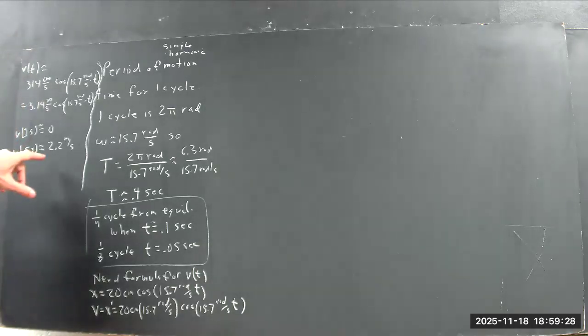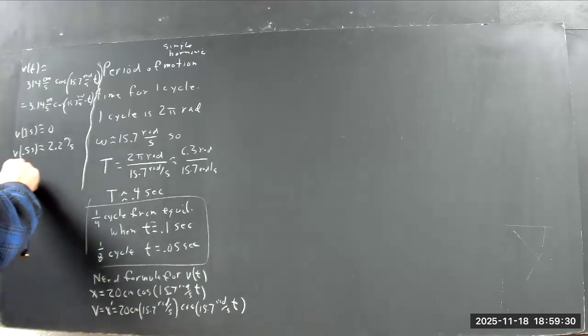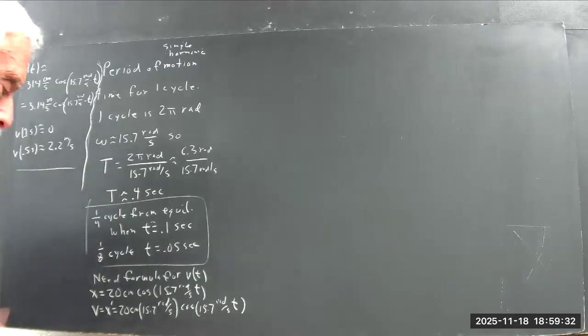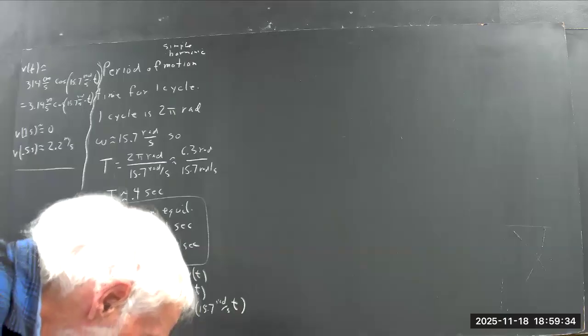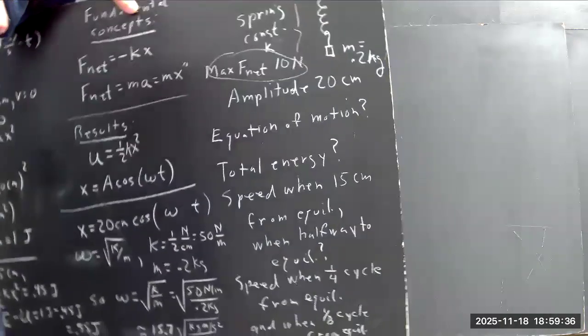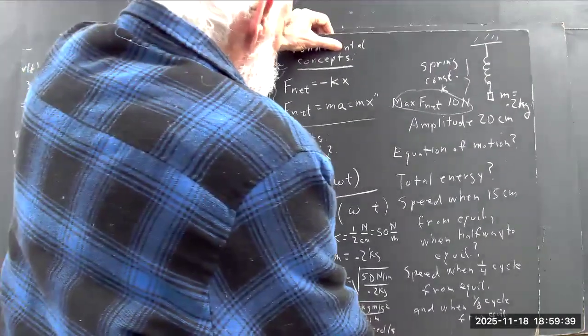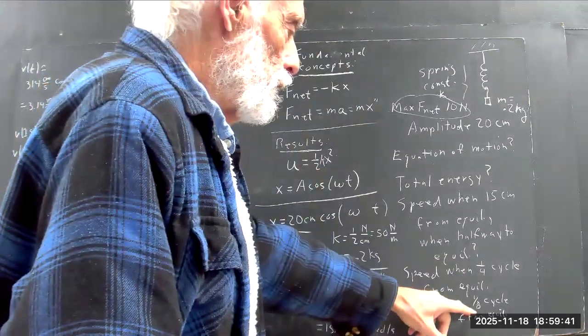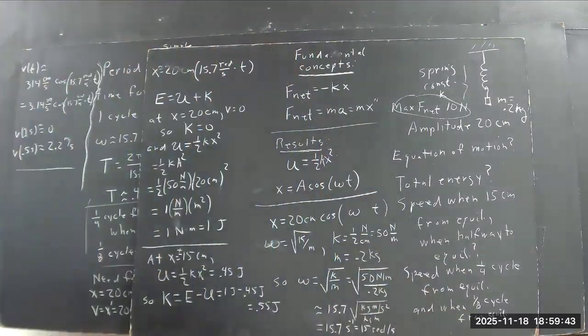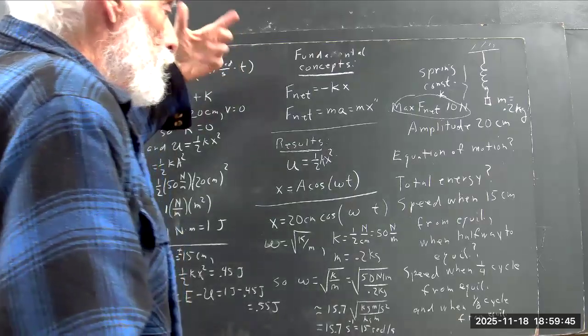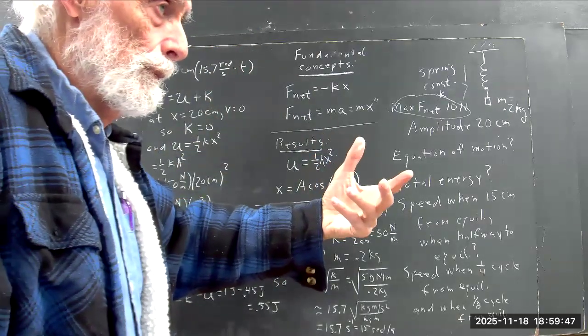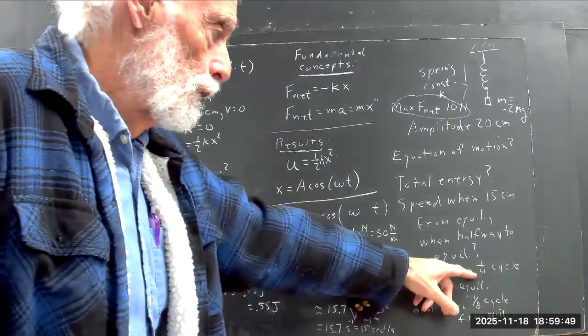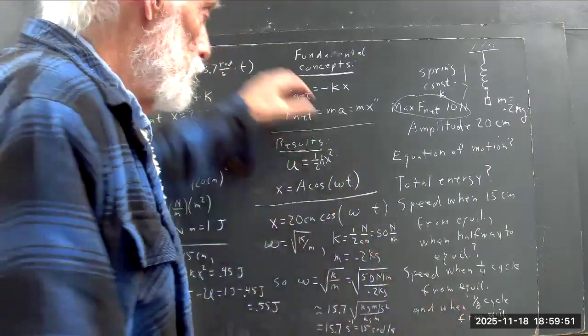Might not be totally accurate, but you can get it very accurately. Okay, so that's just an answer to the question, again, of what's the speed when you're a quarter cycle or an eighth of a cycle from equilibrium? We find the time for a cycle, then the time for a quarter of a cycle or an eighth of a cycle.